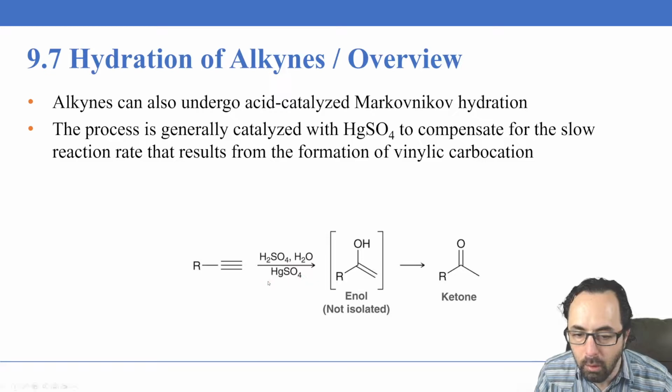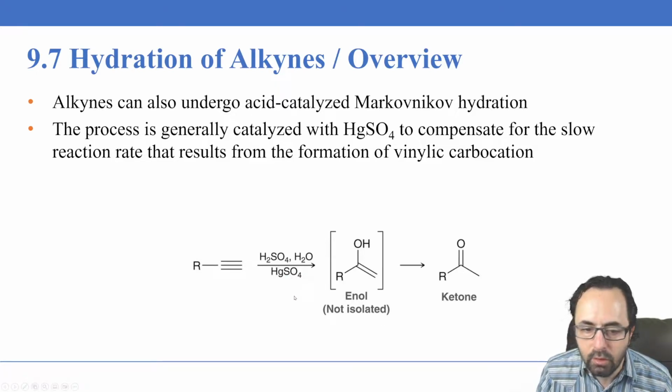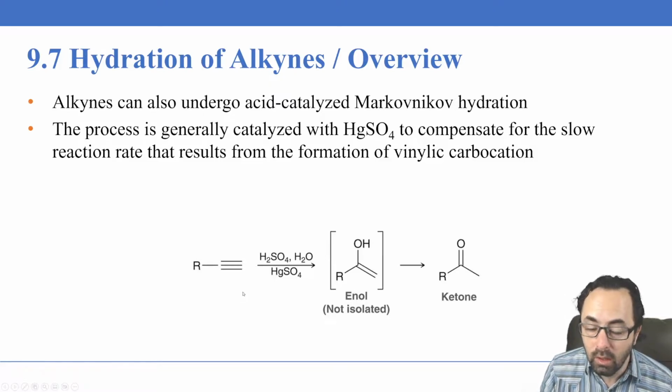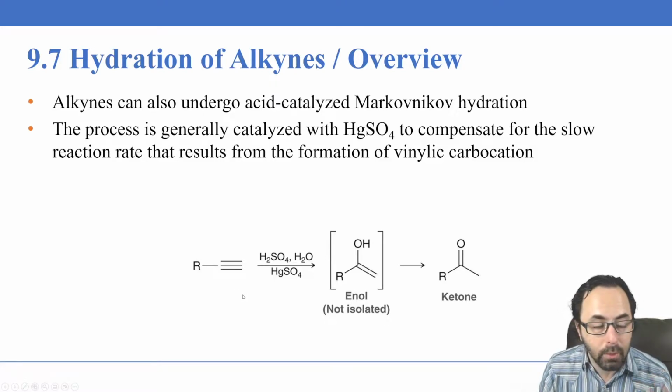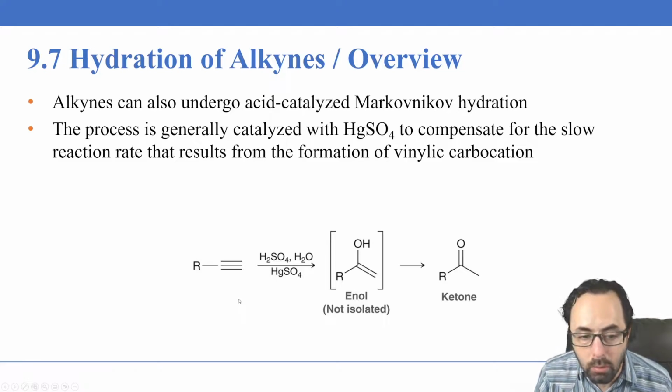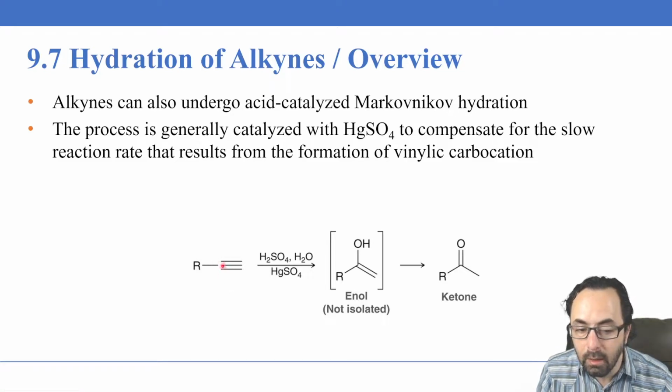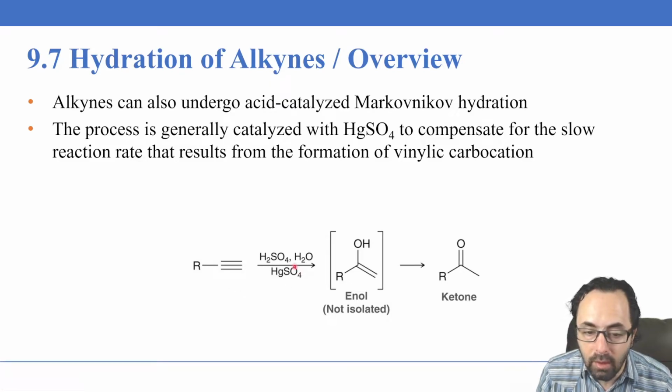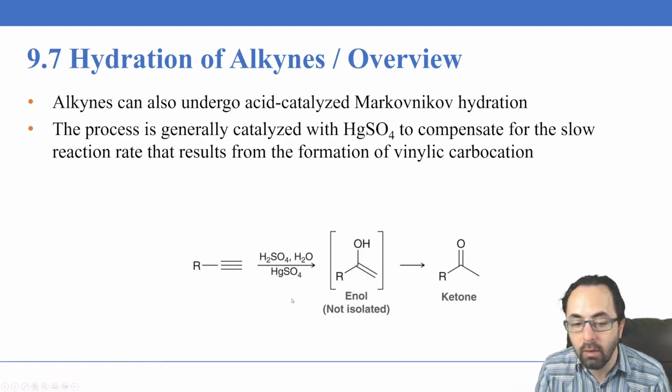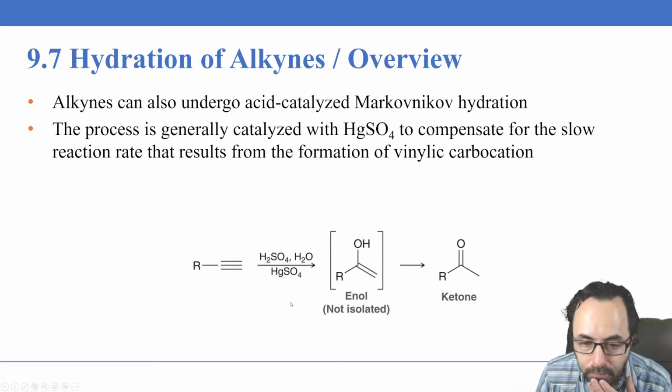We also have this mercuric sulfate involved to catalyze the reaction and to make it happen faster, because it does go through, again, just like with the hydrohalogenation, part of the mechanism involves positive formal charge on this carbon, which, again, when we just add once, we end up with a double bond. And so having that positive formal charge in this vinylic position is quite unstable. And so having a catalyst helps us to have this reaction go at a reasonable rate.